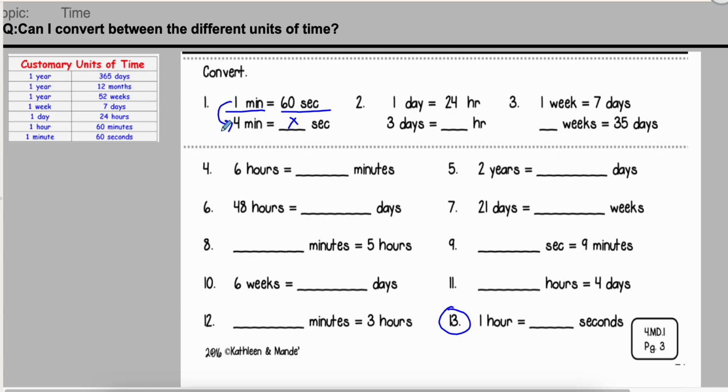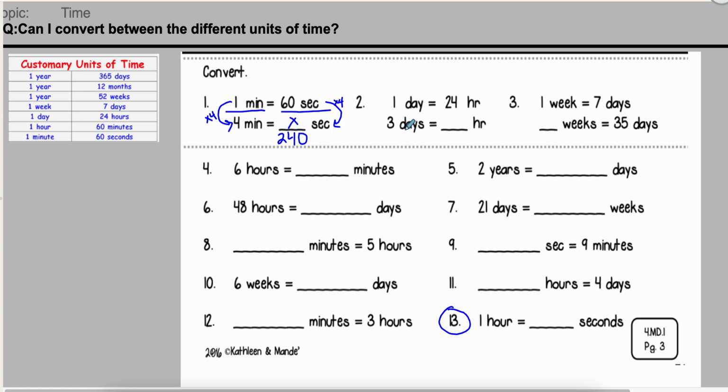Well, to go from 1 minute to 4 minutes, I multiplied by 4. That must mean I do the same thing to this side, so I need to take the 60 seconds and multiply it by 4 to get an answer. When I multiply it, I get 240. So 4 minutes is the same as 240 seconds.